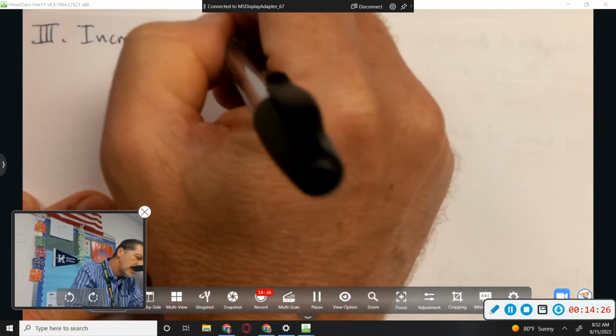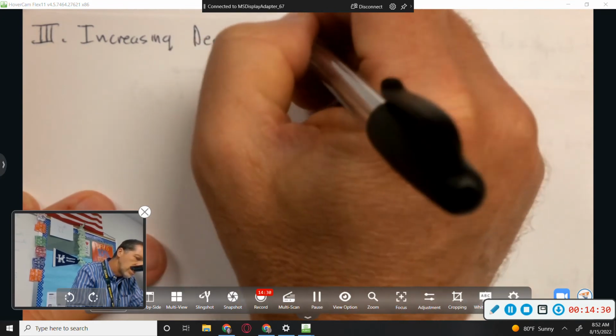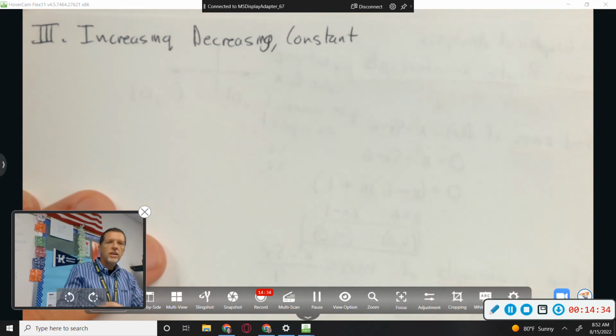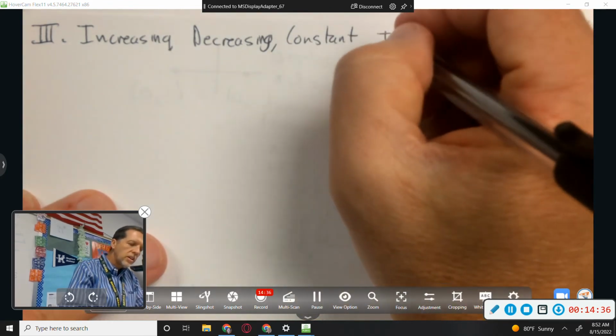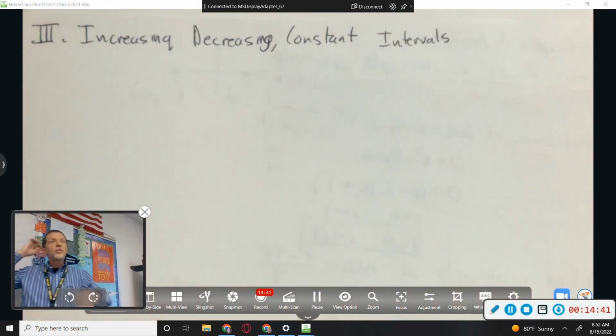Increasing, decreasing, and constant. Oops. Increasing, decreasing, constant intervals. So those are different things, right? Unlike Roman numeral 1, where there were 3 words that all meant the same thing. Obviously, these 3 things are not the same.